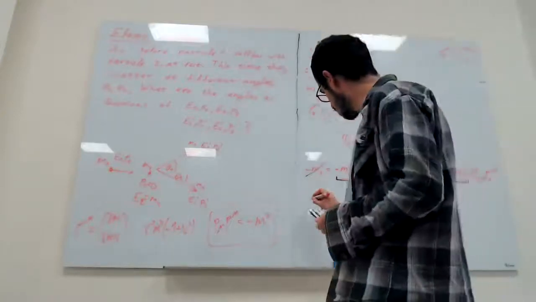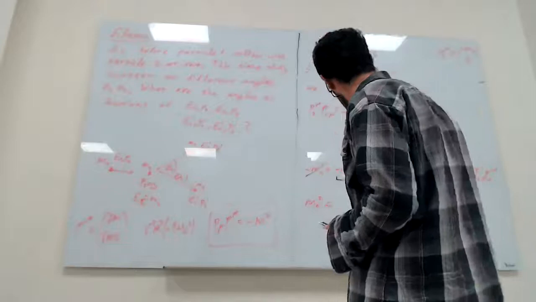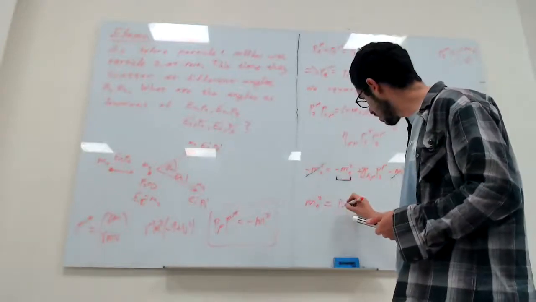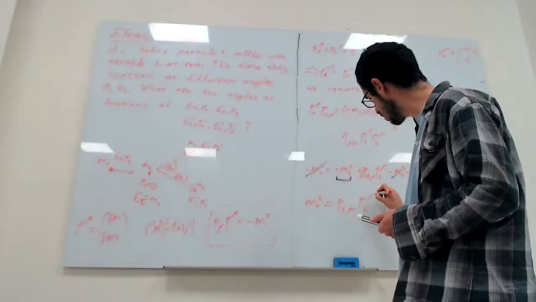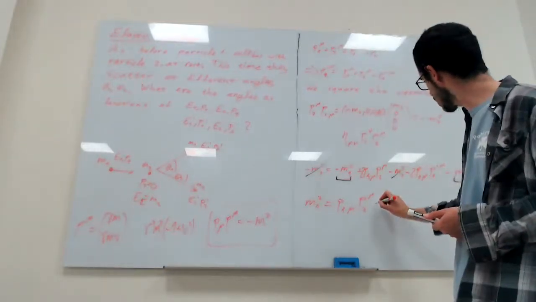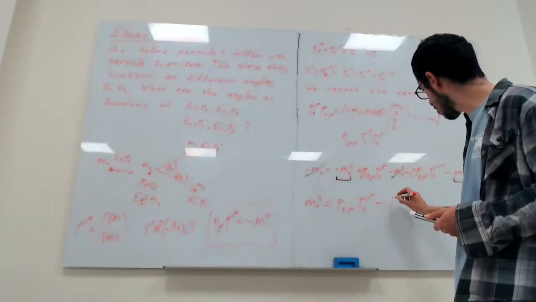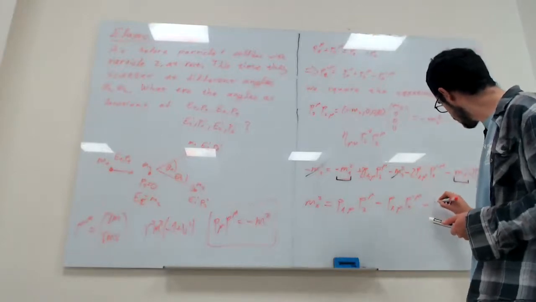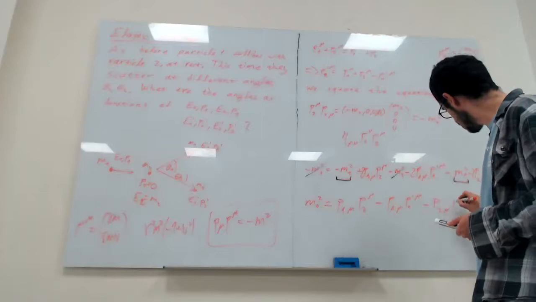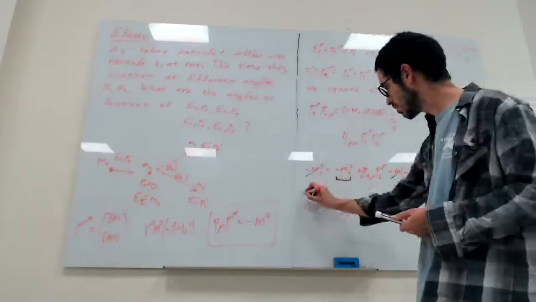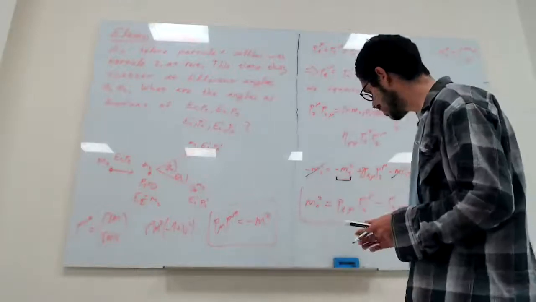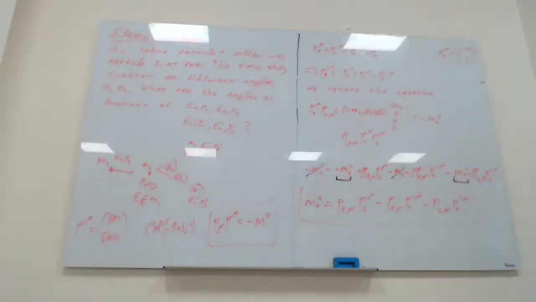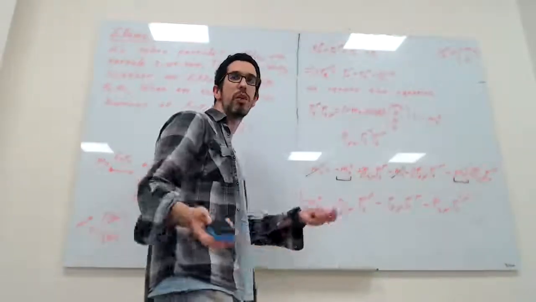So we have m1 squared equals p1 u p2 u plus minus p1 u p1 w minus p2 u p1 w. Now we're going to make use of p2u, which we know its exact form.